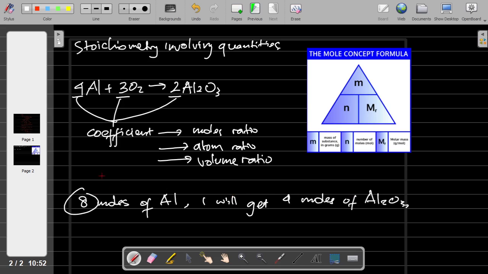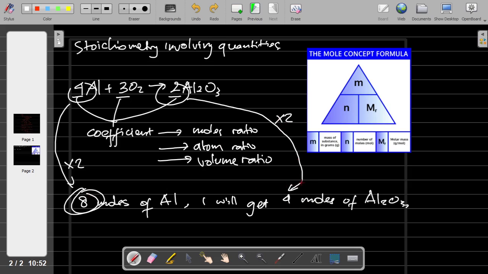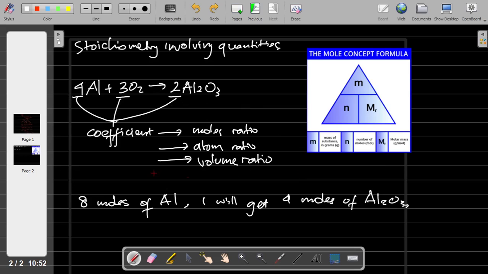So this is 8, this is 4, so 4 times by 2, so in this case 2 must also be times by 2, so I have 8 here and 4 here. So it is for moles ratio. We can use the coefficient directly to predict how many moles of other things by using the substance or molecules that we have. So it's called moles ratio.